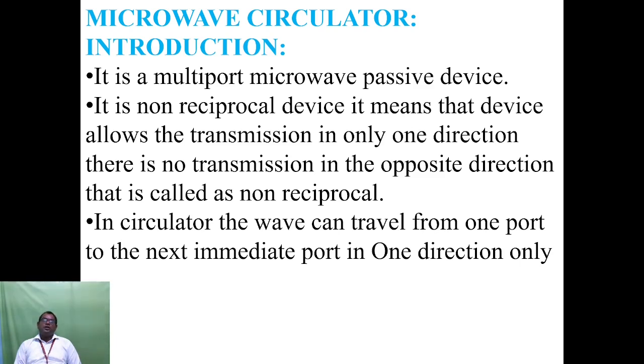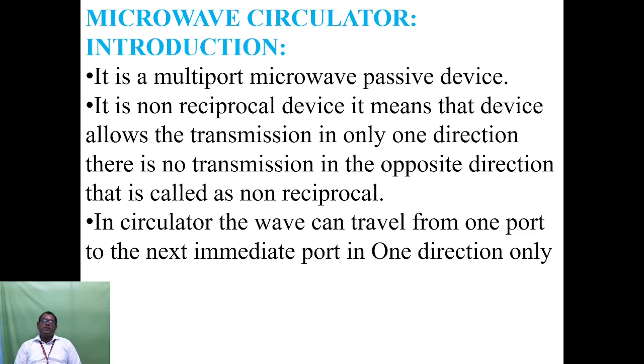So these are all multi-port microwave devices. It is a non-reciprocal device. It means the device allows transmission in only one direction. There is no transmission in the opposite direction. That is called non-reciprocal.